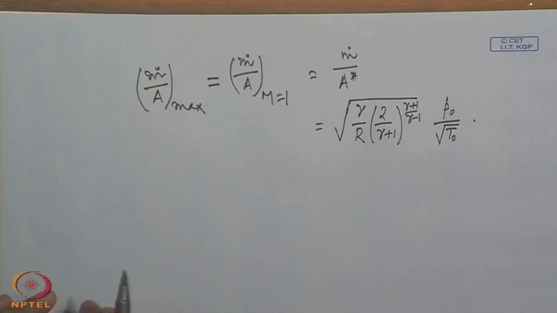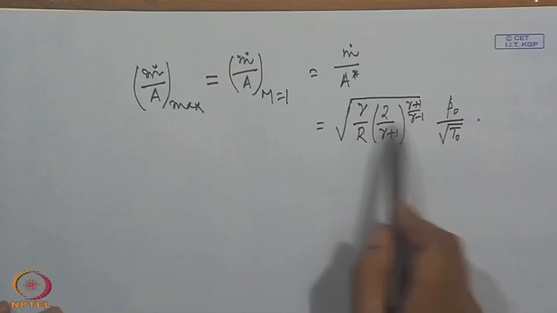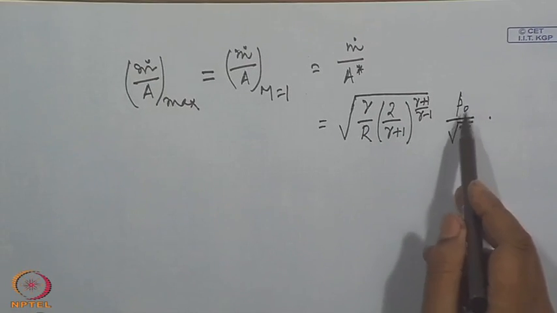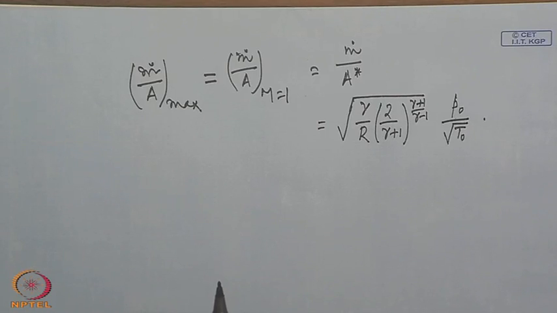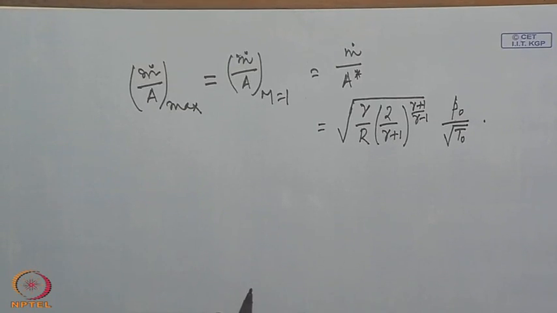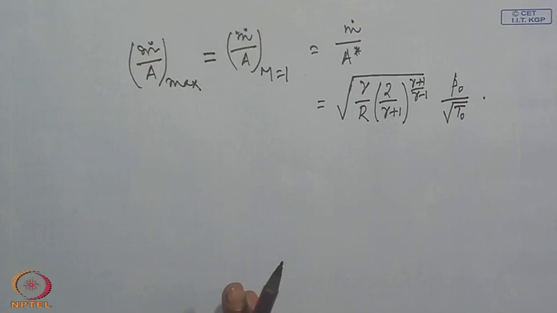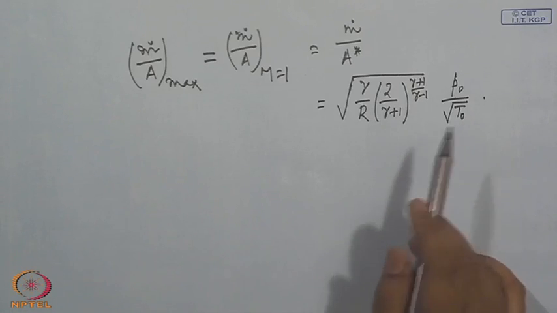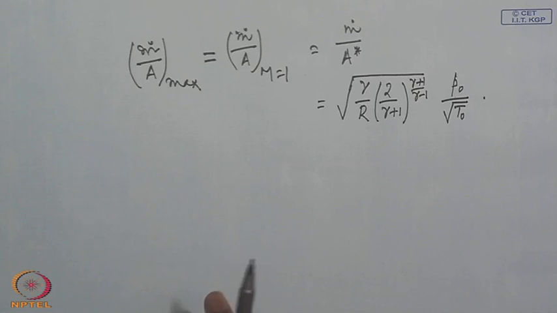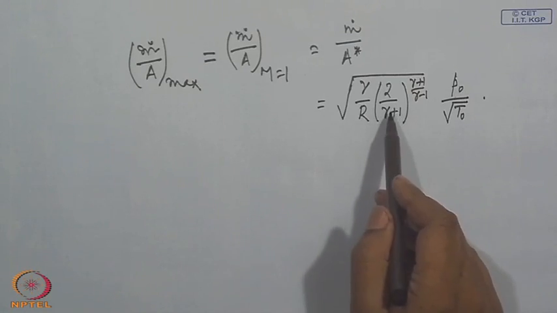So, for a given gas, the maximum mass flow rate depends on the ratio P 0 by square root of T 0, and for a fixed P 0 and T 0, and of course if the gas remains same and a fixed passage, then the maximum mass flow that can pass is relatively large if the gas has high molecular weight, and it will be smaller for a gas with low molecular weight.